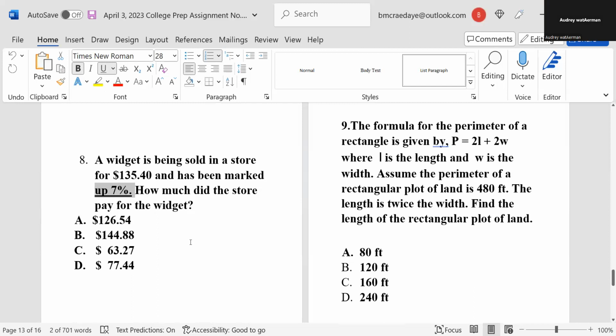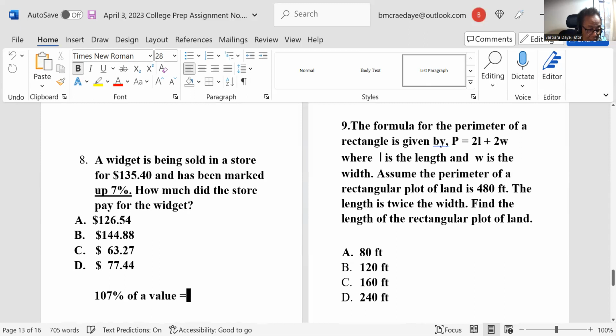And how do you figure it? It's not 7% of the 135. It's 100%, so that means 107% of some value is equal to 135.40. So you can write it like this: 107% of a value is equal to 135.40.